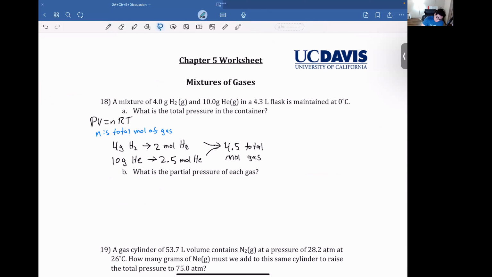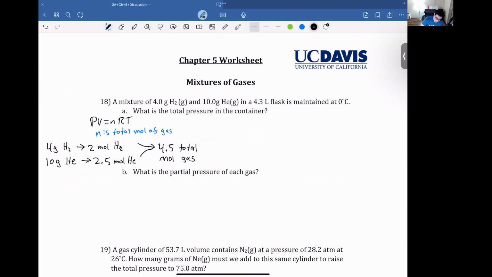And then we can plug this into PV equals nRT. Write that over. So P, and then we have pressure. Oh, no, we don't have pressure. So P is equal to nRT over V, just solving for P, so I don't have to rearrange numbers. And then we have 4.5 times 0.0821. Note how the constants are different from like the ones used for rms speed.